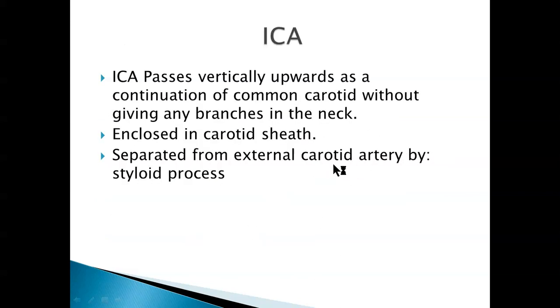Of course, I have made another complete presentation on the internal carotid artery. It's inside the carotid sheath and is separated from the external carotid artery by the styloid process, if we are talking about the cranial part, all right. And in the cervical area, it gives no branches.